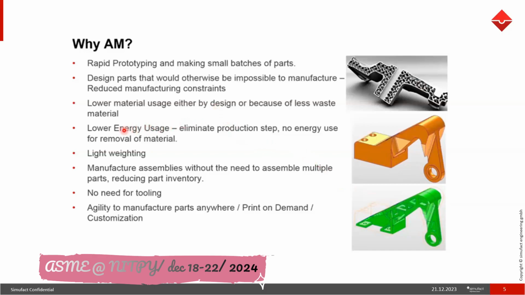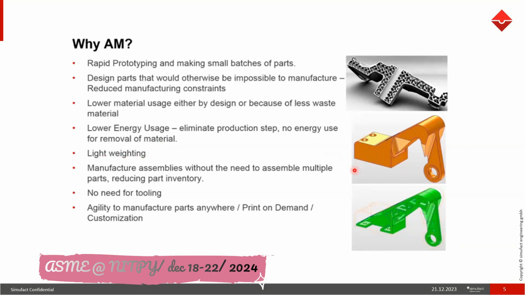And lower energy usage. For example, we eliminate the production step, with no energy usage for removal of material. So there can be energy efficiency as well, where we don't have to use machines or milling machines to remove this material, so the energy requirement is very less. And another advantage is lightweighting.